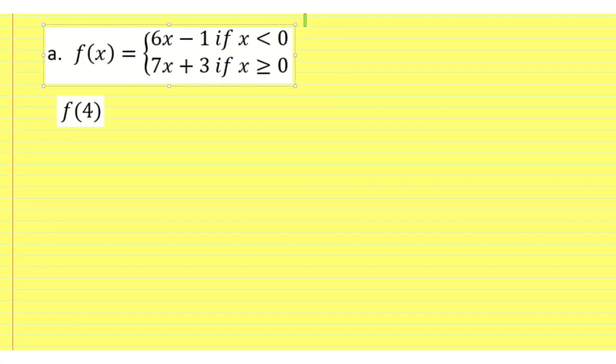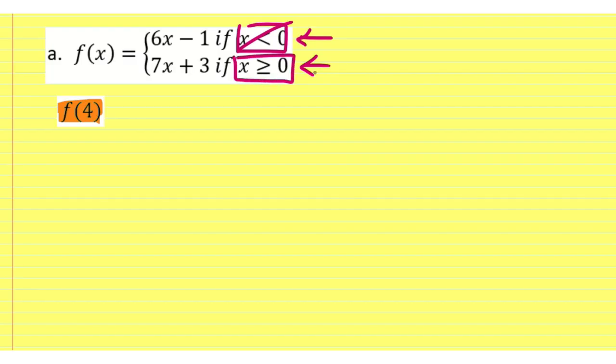Okay, we're now going to evaluate our piecewise function for an x value of 4. So again, which restriction does 4 fit into? Is 4 less than 0? No. Is 4 greater than or equal to 0? Yes. So that means I am going to put my 4 into this piece of the function.